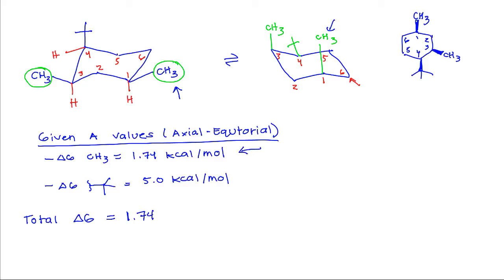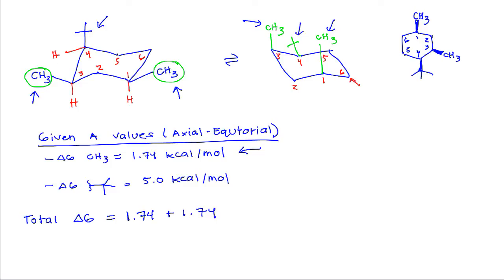All right? Let's look at our next substituent. Here on carbon 3, we have another methyl substituent that's going from equatorial, which is more stable, to axial. So that will also be a positive delta G value. In the last substituent, we have a tert-butyl group going from the axial to the equatorial position.